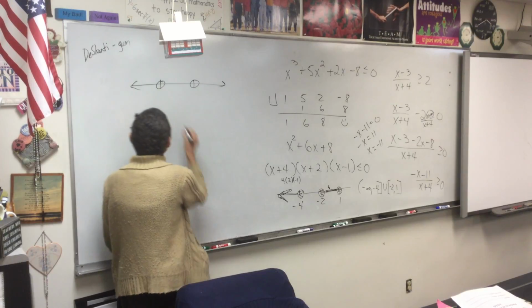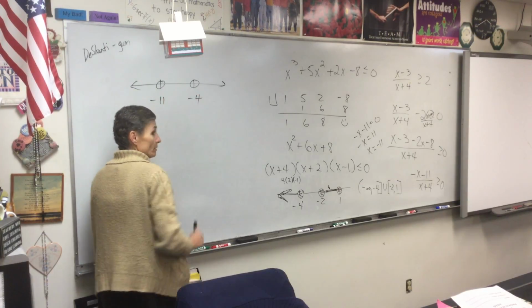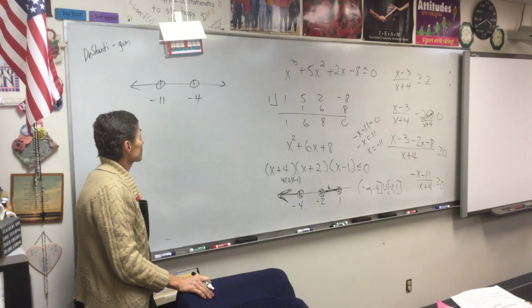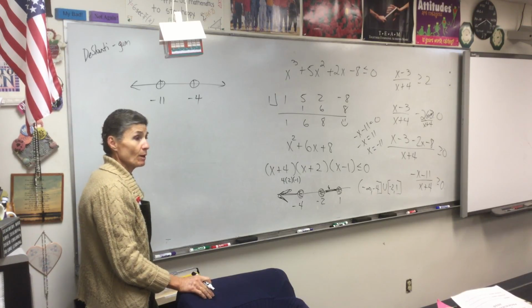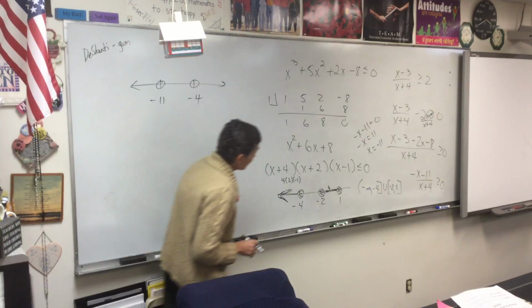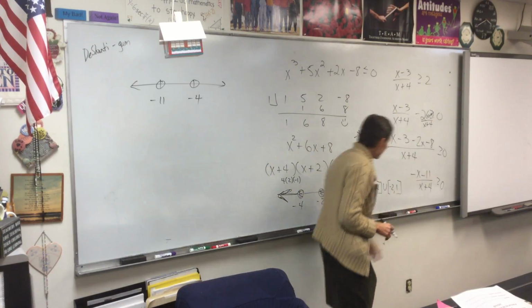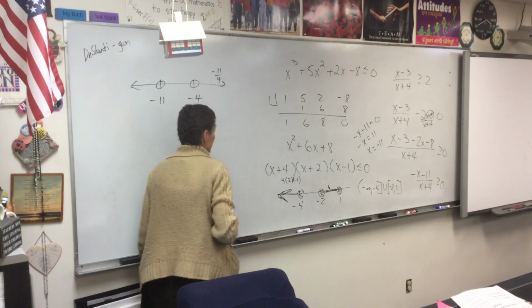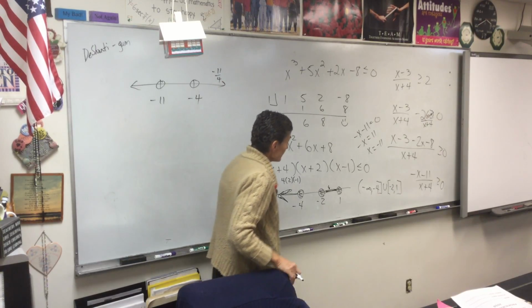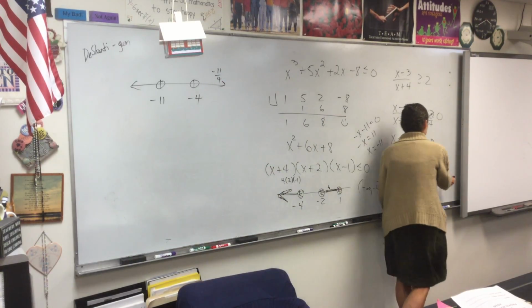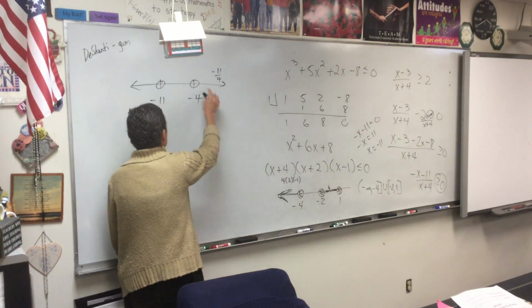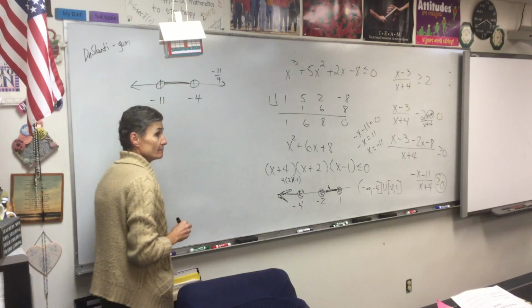So I've got -11 and -4. Make sure they're in the right order. Can I try 0? Yes. If I put 0 in, I get -11/4. Is that the kind of number that I was hoping to have? Nope. So that doesn't work, which means this does.